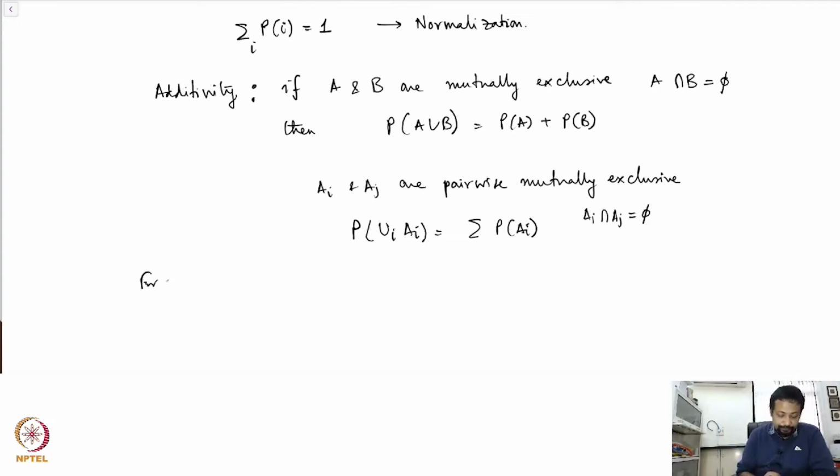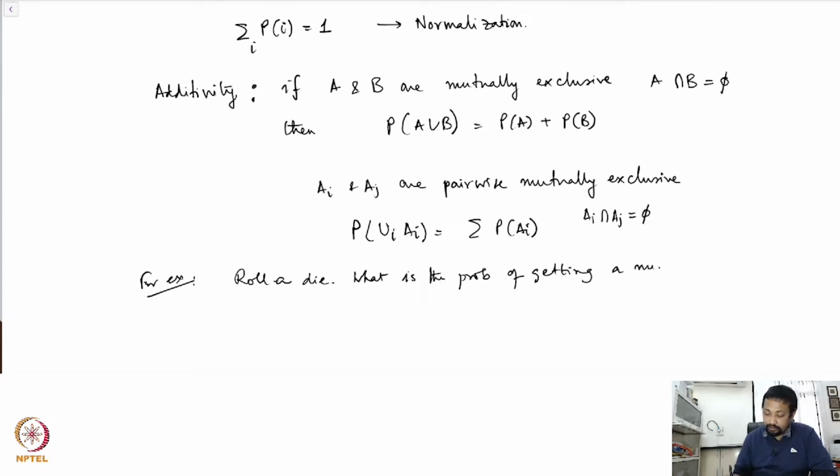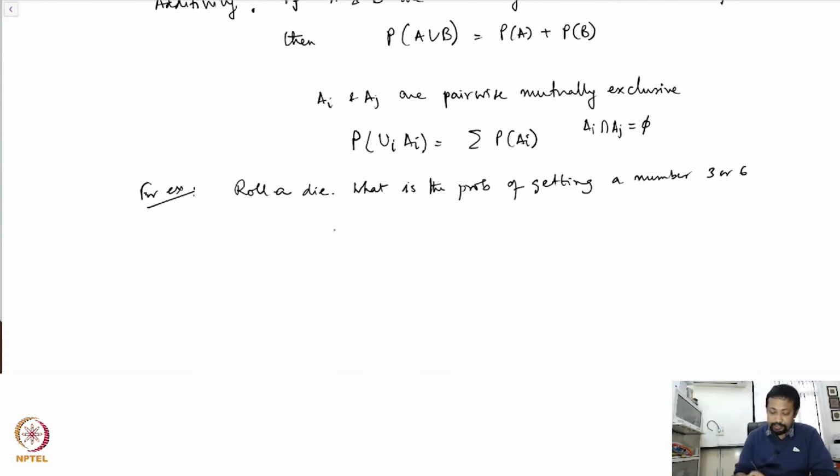For example, if I roll a die and ask what is the probability of getting a face or a number, let's say 3 or 6, then the probability of this is essentially P of getting a value 6, which we shall denote P6, plus the probability of getting a value 3, P3, which is 1/6 plus 1/6.